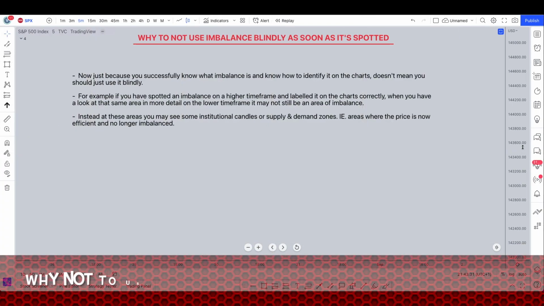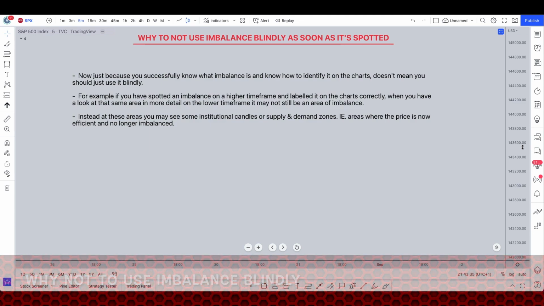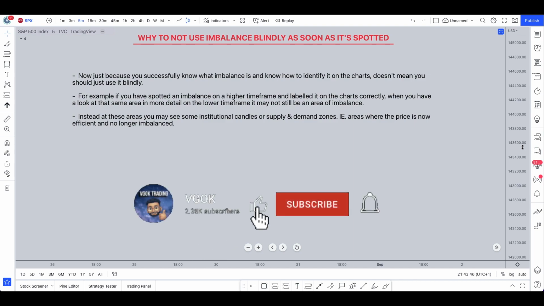Now moving on to the final point which I really wanted to make and explain to you guys, which is not using the concept of imbalance blindly, as soon as you spot it. So now you know exactly what imbalance is and how to spot it. You still have to be very careful when using it in your analysis. Sometimes on a higher time frame, you'll see an imbalanced area.